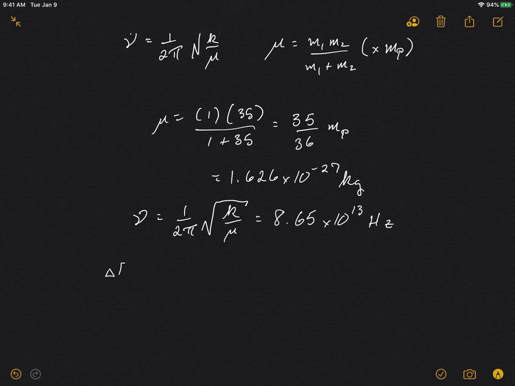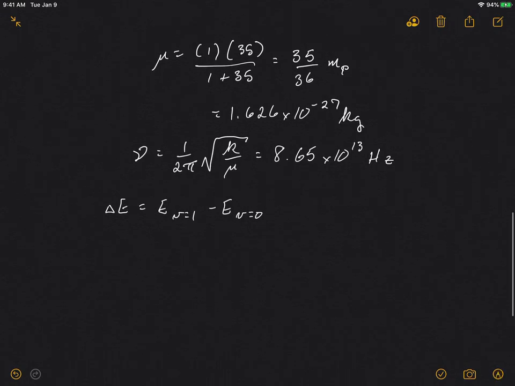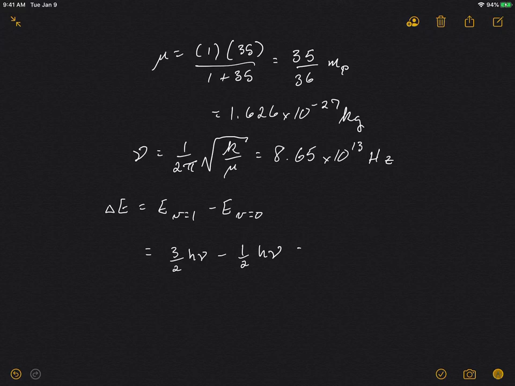Our delta E is going to be E for v equals 1 minus E for v equals 0, and that's equal to 3 halves h nu minus 1/2 h nu, which ends up being h nu. And interestingly, the frequency of the photon is equal to the frequency associated with the energy difference between the transitions.